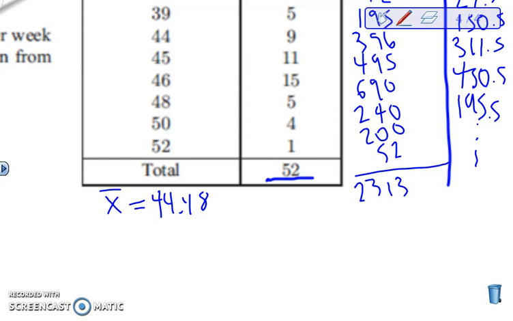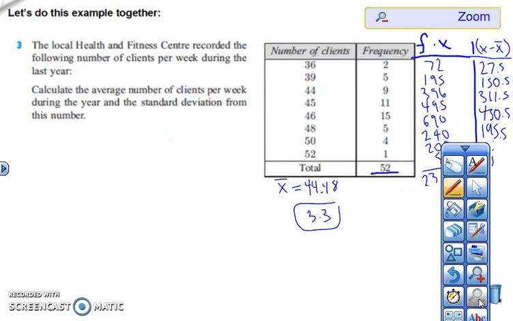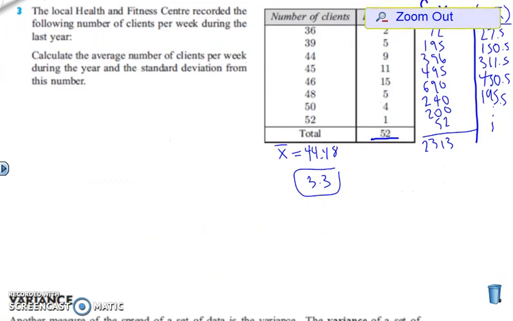So if we do that, your answer should be roughly 3.3. And that's your standard deviation. So again, find the average, subtract each term from the average, square all those differences, and then re-average it.